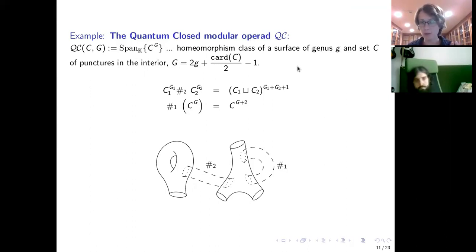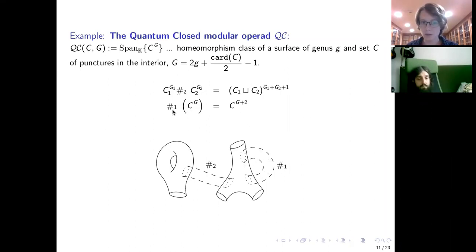And when you look at what the connected sum is doing, it's really doing what you would expect from the topology. You take two surfaces and really glue them together. So you can think about attaching a cylinder between two surfaces, that would be the connected sum between two components, or you can think about gluing a new handle on the bulk of one surface.